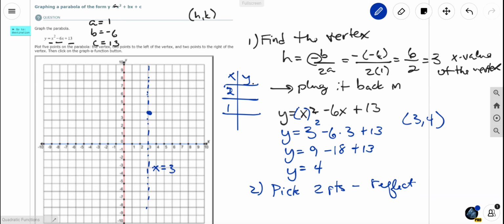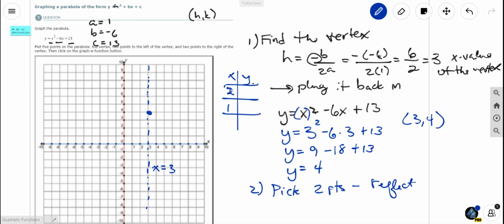Let's go with Desmos. If you don't want the graphing calculator, you put scientific calculator. Let's try this again.